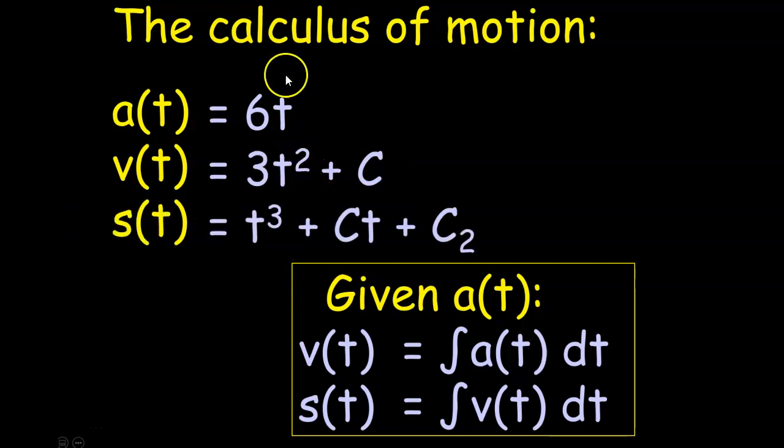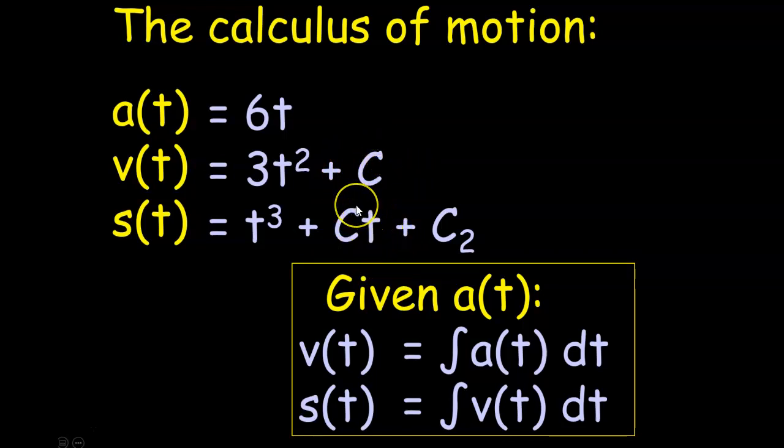Then if I do it again to get the position function, I would add 1, divide by the new power. So adding 1 to 2 is 3. Dividing that by 3, my 3's cancel. And here, this was a constant, and so my constant would now get a t.